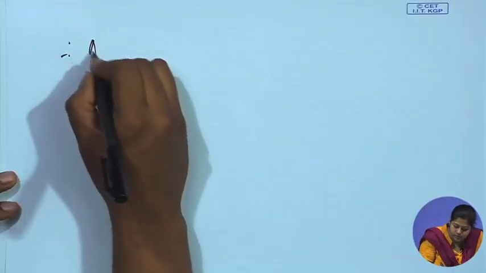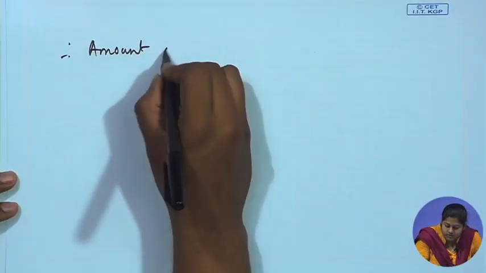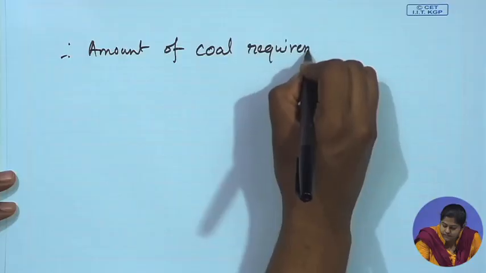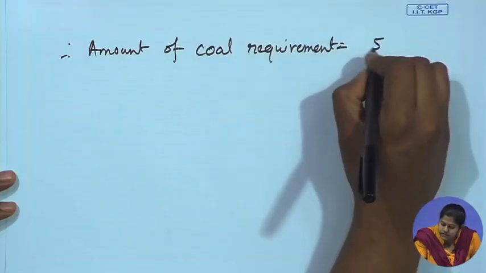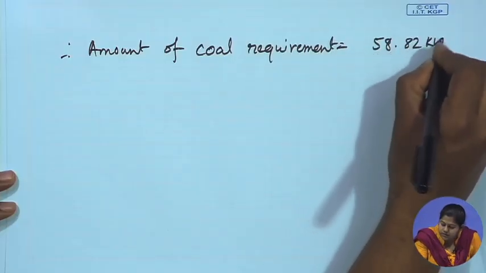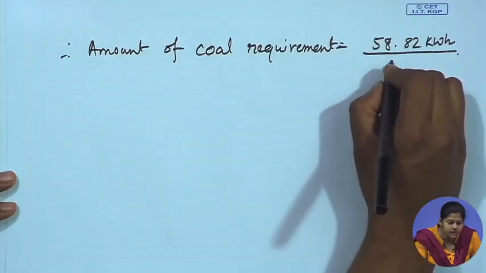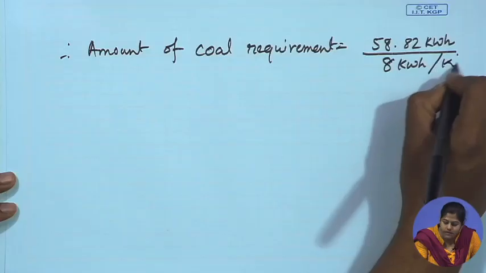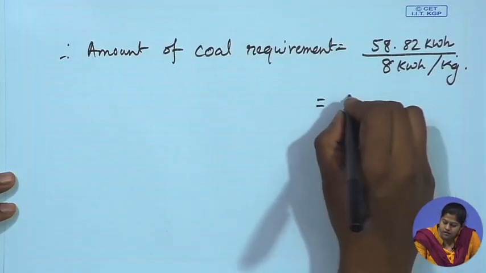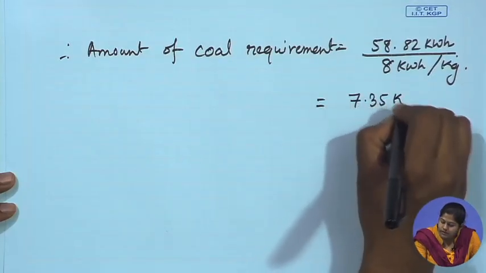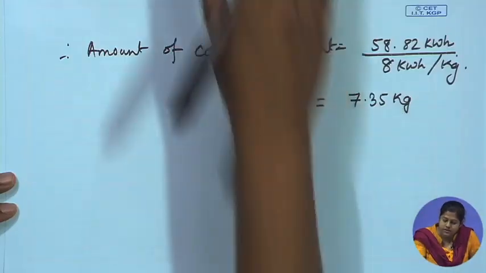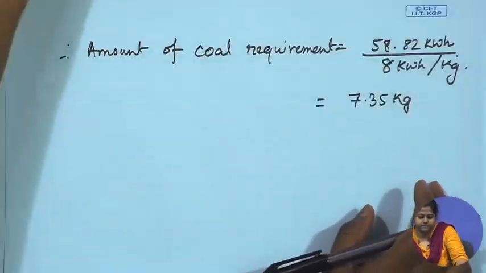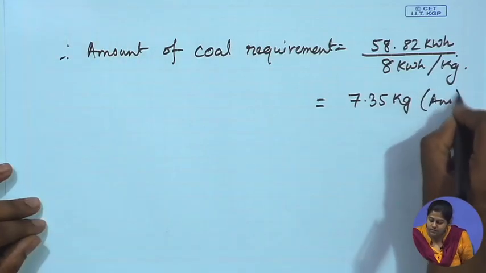The amount of coal required is 58.82 kilowatt hour divided by 8 kilowatt hour per kg. So our final coal requirement is 7.35 kg for generating 58.82 kilowatt hour of electricity. So this is our final answer of our third numerical problem.